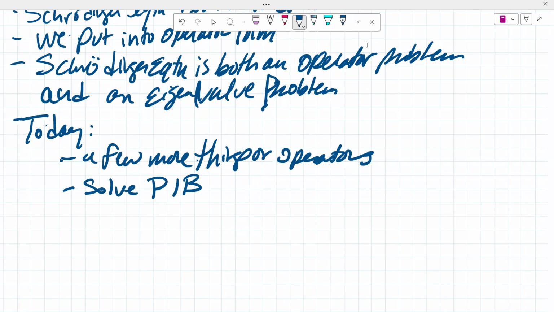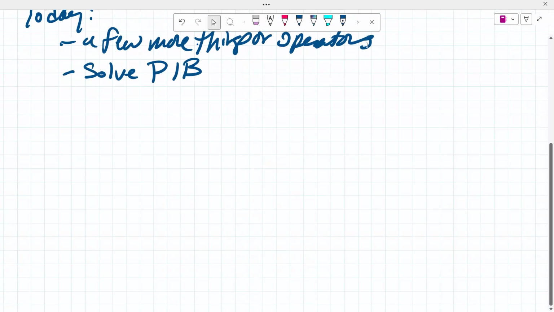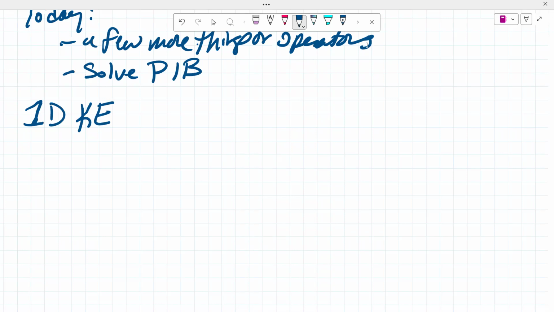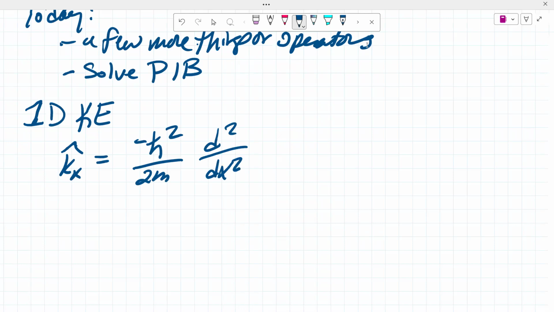All right, so for the one-dimensional kinetic energy operator, negative h bar squared over 2m d squared over dx squared equals the momentum squared over 2m.